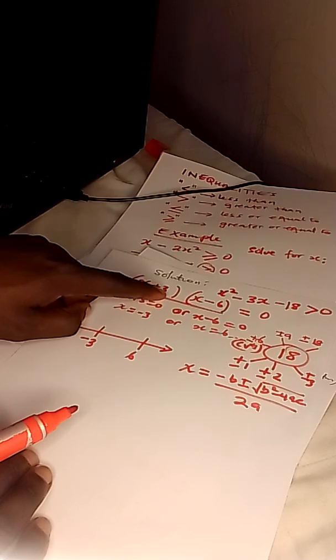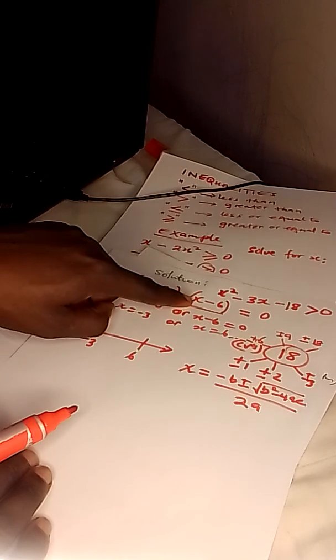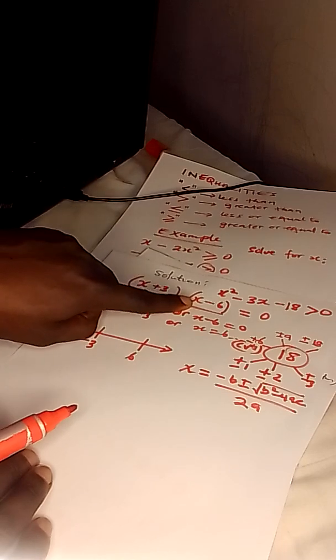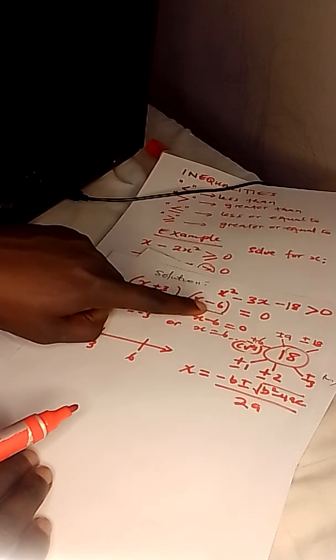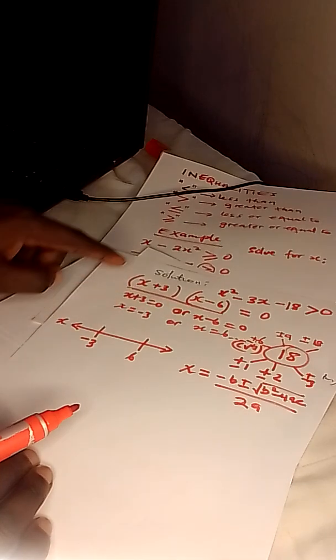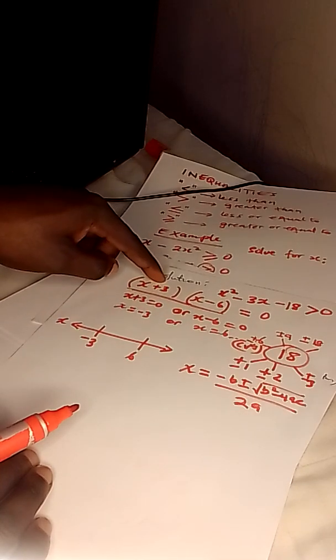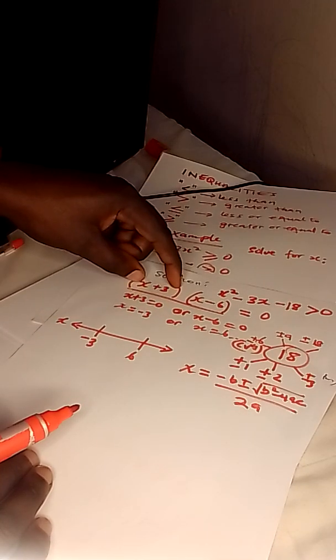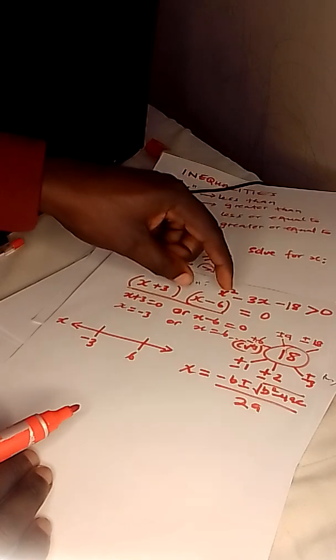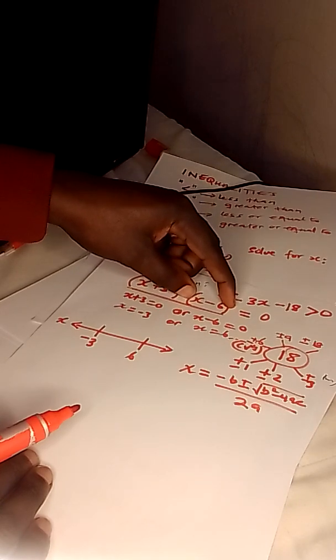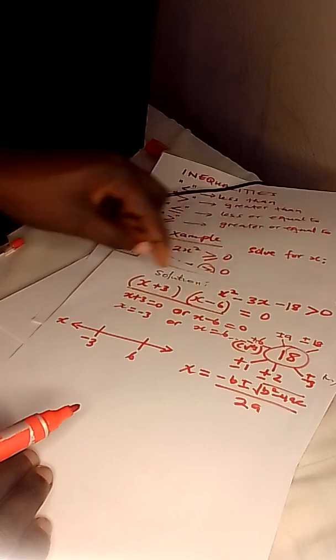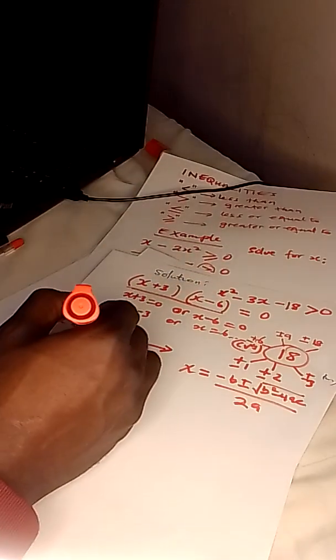We don't need the numbers, we need the sign. Then when I put minus 4 into this bracket, it gives me minus 4 minus 6, which is minus 10. So we have negative in the first bracket and negative in the second bracket. So negative times negative is positive. So you put your plus here.